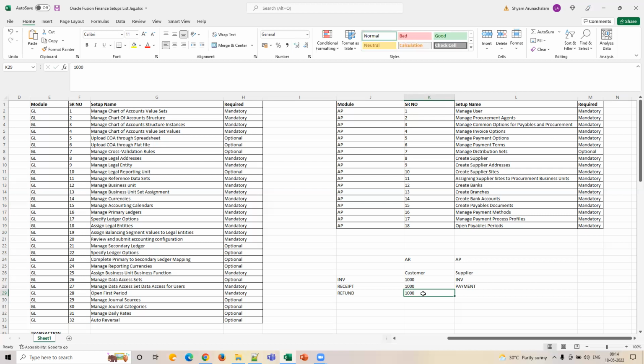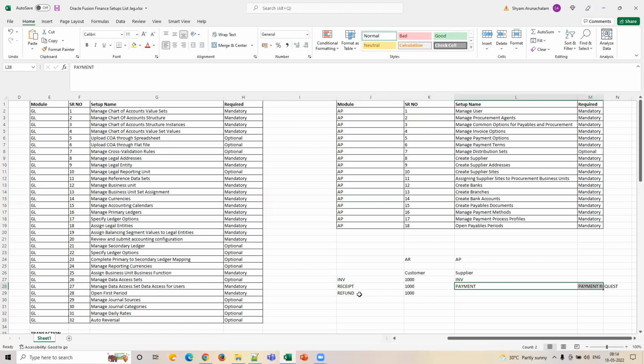Automatically create a payment of type payment request. There are types of payment, and one of the types is payment request. The system automatically will create one payment request in accounts payable. This is completely automatic.